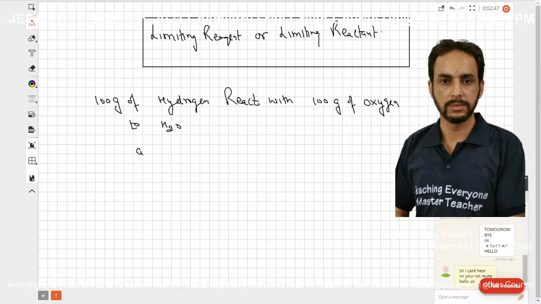So first question is, which is the limiting reagent?